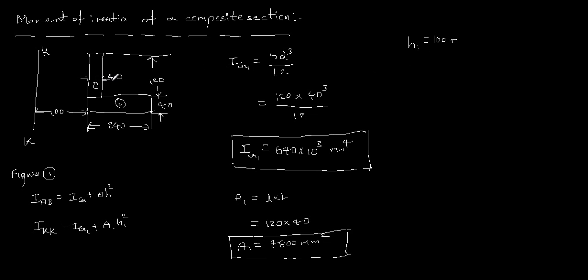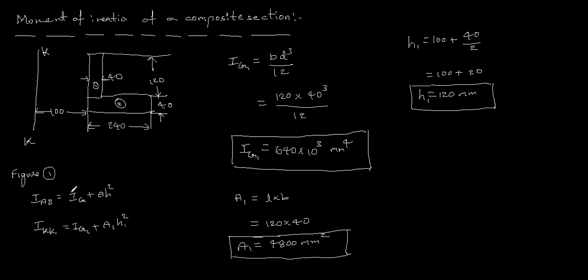The width is given as 40, so 40 by 2 gives 20. So 100 plus 20 gives 120 mm, which is the perpendicular distance between the parallel axis and the center of gravity of the first rectangle. So all the values we have determined.